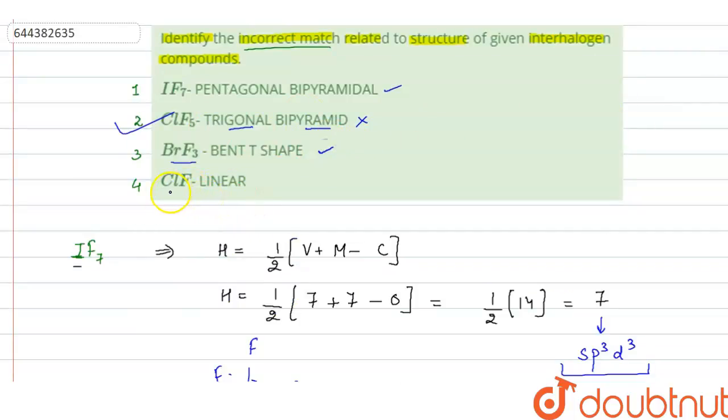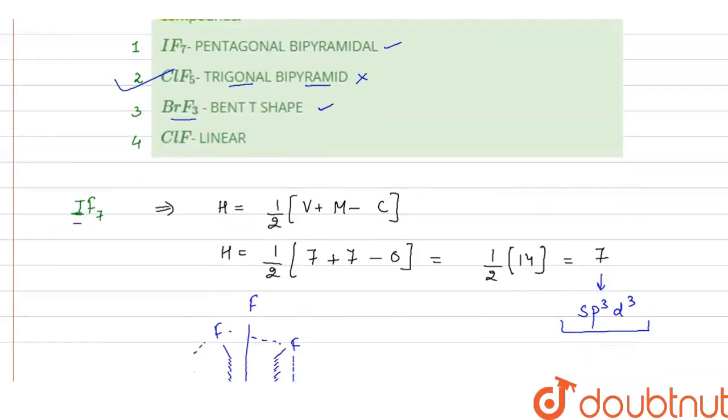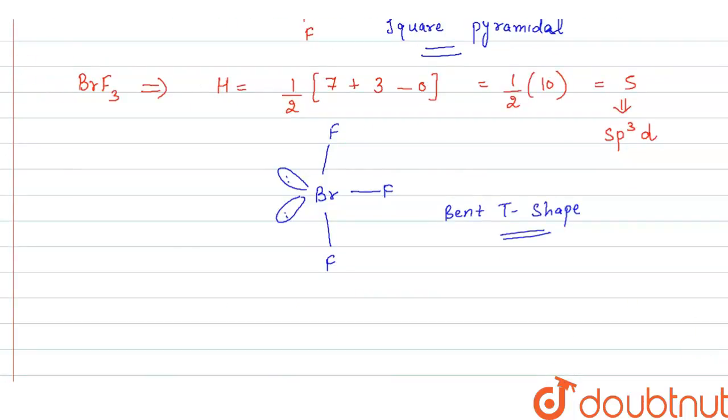Then in option 4, it is given ClF. So let us see ClF. Now hybridization will be half into, valence electron will be 7 and one monovalent atom, that is fluorine, is attached to chlorine. So 1, then charge is 0.